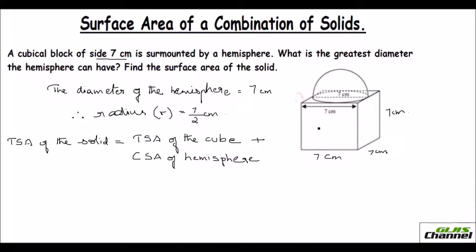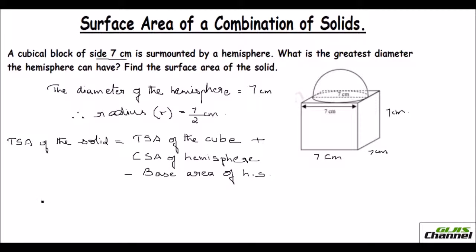But actually we needn't take the whole of the total surfaces of this cube, right? Because on top, since this hemisphere is surmounted, this circular portion of the cube, we needn't calculate. So you have to subtract this circular portion from this total. Minus base area of hemisphere.